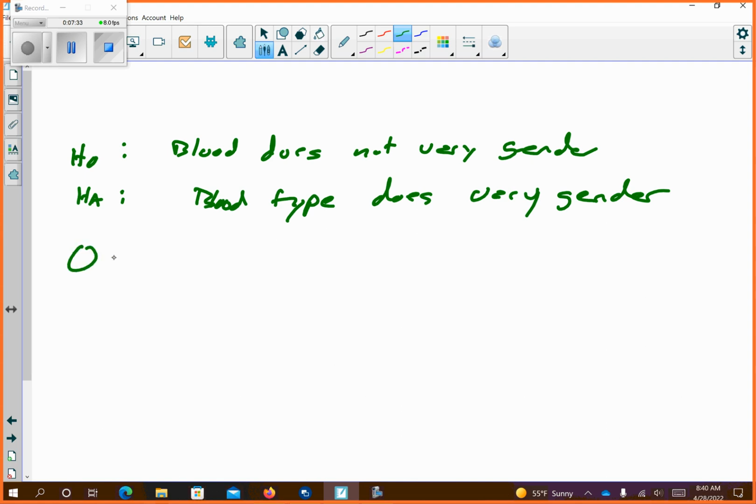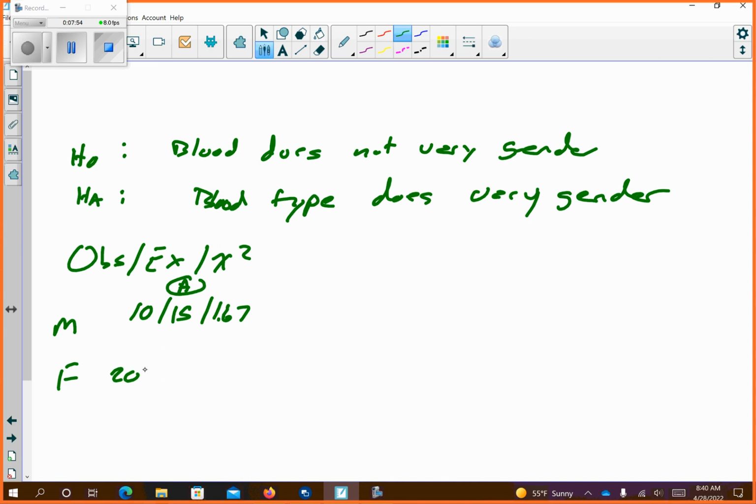So we have observed, expected, chi-squared. I'll just fill it out and you have the information. So I have 10, 15, 1.67 for type A male.